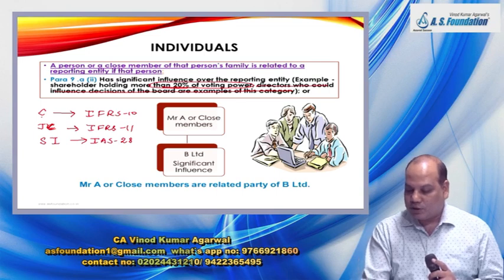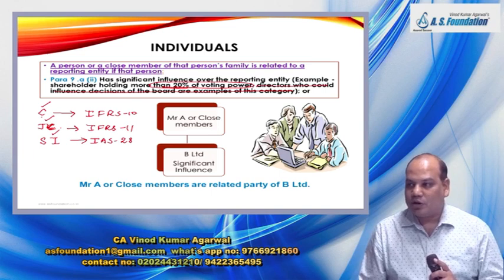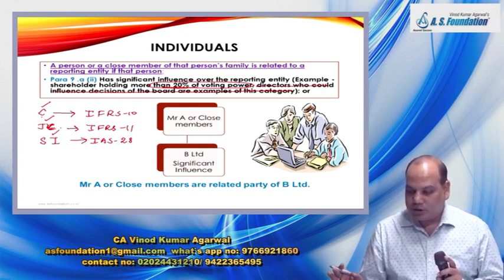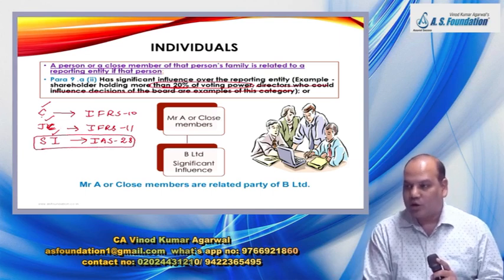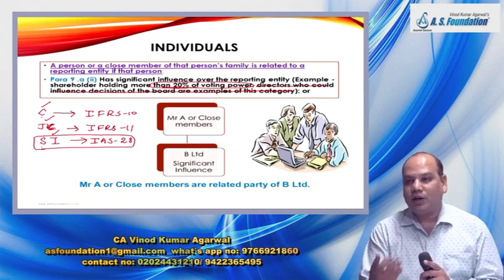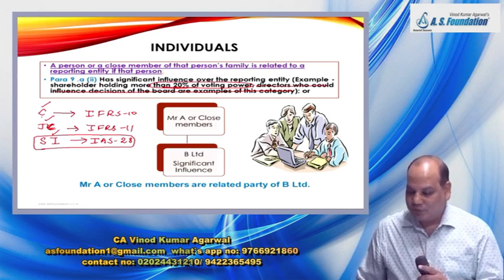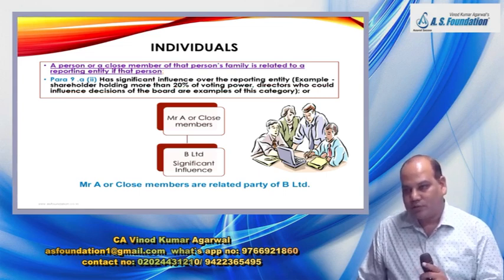So you have to first apply these standards to check whether there is control, joint control, or significant influence. 20%, if you have studied IAS 28, you will remember, is not a very hard and fast rule. With less than 20% also, if you exercise significant influence, then significant influence is covered.